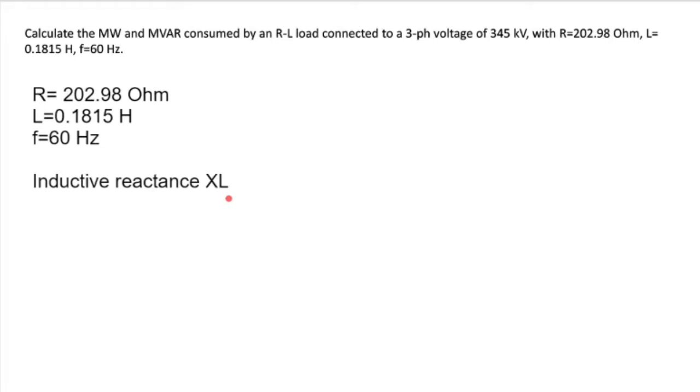Inductive reactance XL is 2 times pi times F times L. And you must tell me what value you're getting. Write down the answer quickly.